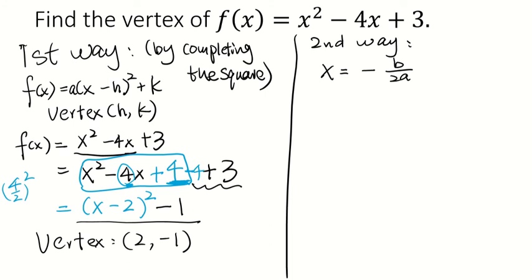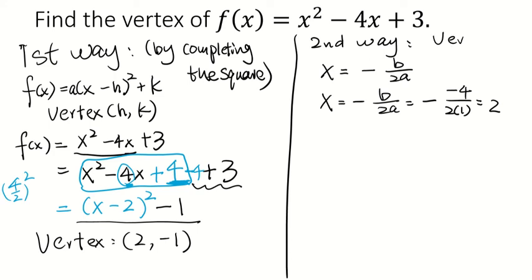So we have x equals negative b over 2a, which is negative, in this case, what is b? Negative 4. So negative of negative 4 over 2 times a, which is 1. So evaluate this, you will get 2.